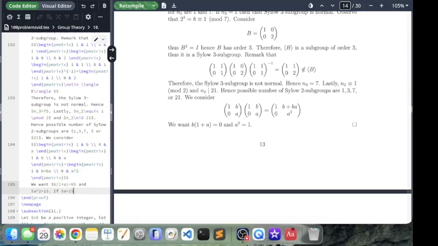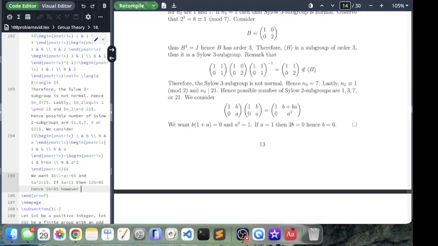Hence, B has to be 0. Because, for example, if B was 1, we'd have 2, which wouldn't work. If we'd have 2, we get 4, 3, we get 6, 4, we get 8, which is 1, 5, we get 10, which is 3, 6, we get 12, which is like 5 or something, definitely not 0. And that's all of them. So B equals 0 is the only possible choice.